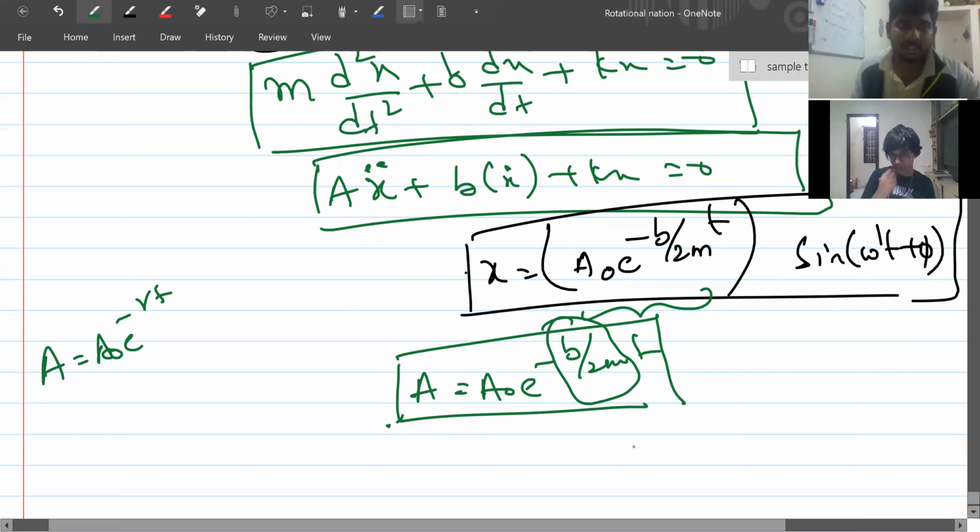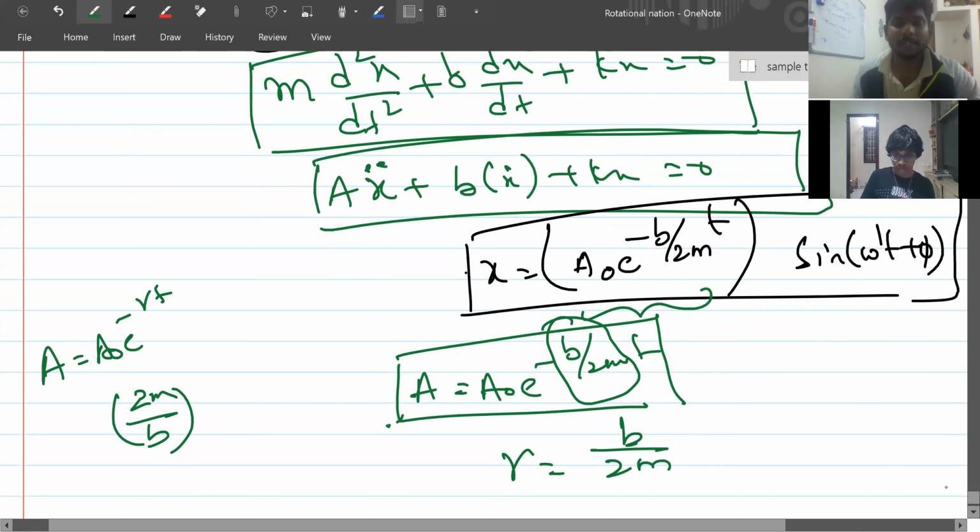Sir, will questions be asked from this formula? They will be asked, not to derive. They will ask what is the amplitude after this much time. For example, what is the amplitude after time 2m by b?